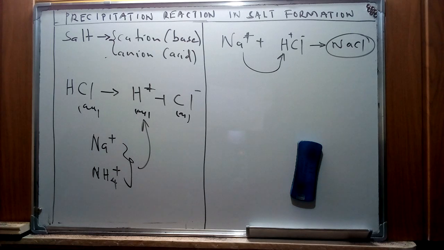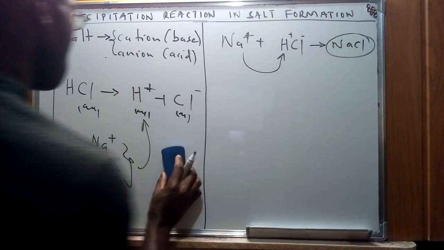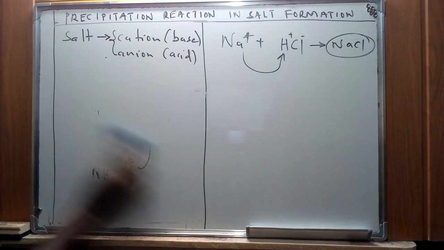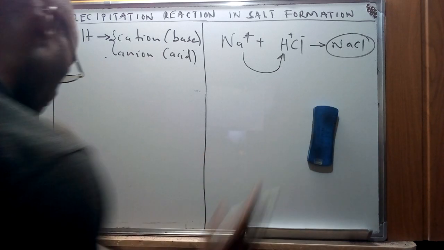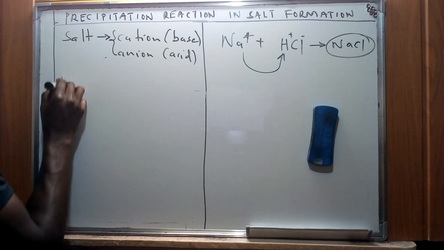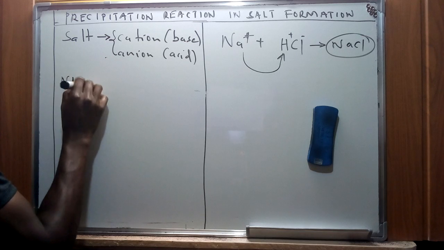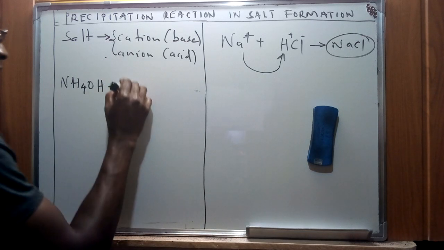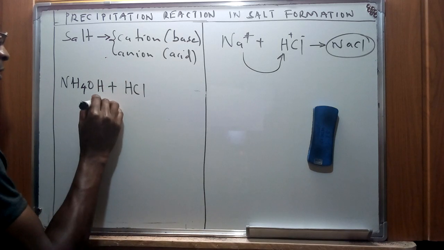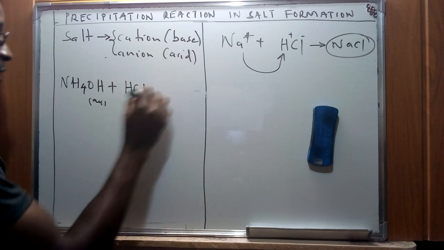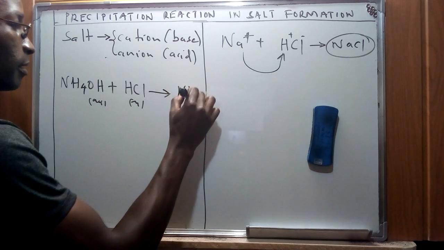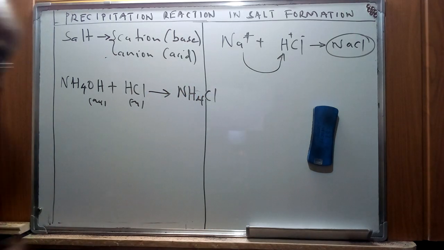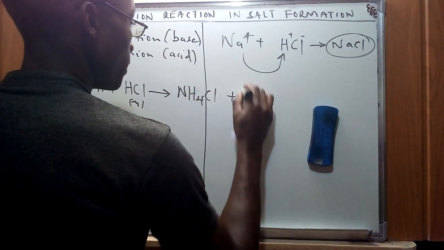Now, in this case, we can have an example of an ammonium ion that is replacing the hydrogen from an acid in a reaction, by having ammonium hydroxide reacting with HCl to form ammonium chloride plus water.